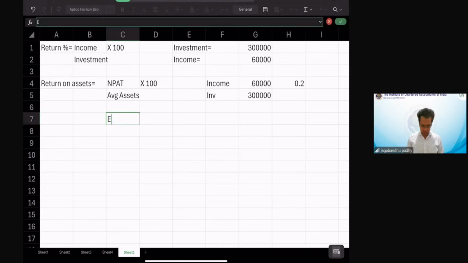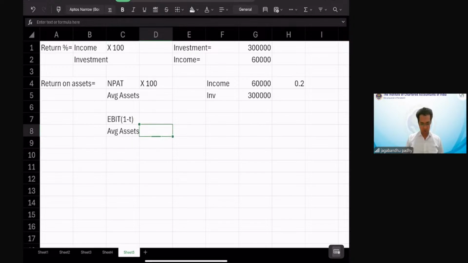Then we have this as EBIT into 1 minus T upon average assets into 100. Sometimes we also take it as EBIT based instead of taking net profit, both of them are acceptable. Now, which version of the formula is to be used, that will be specified in the question, that you need not worry about.